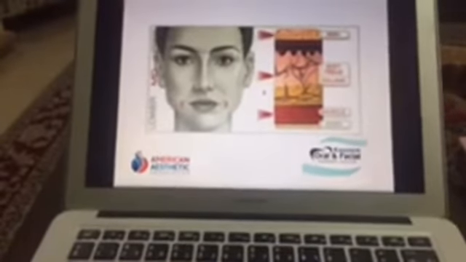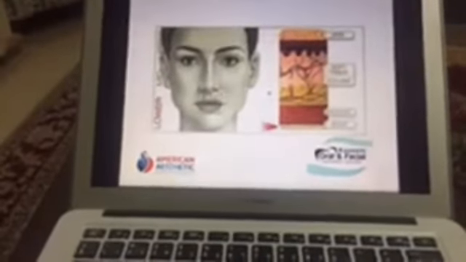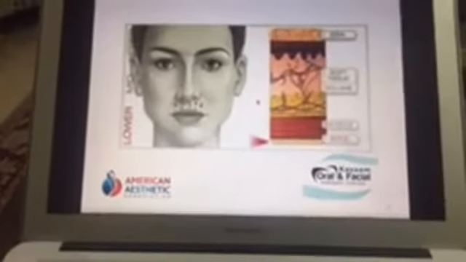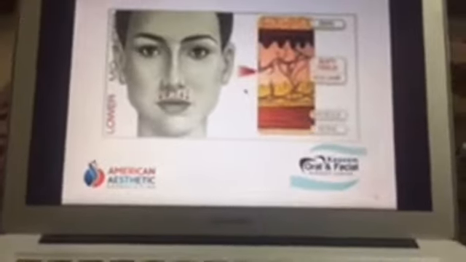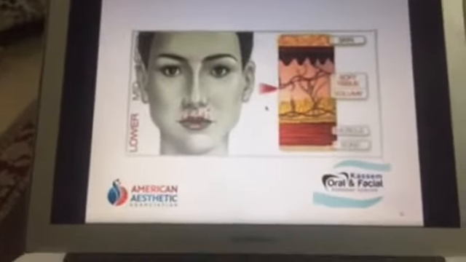The marionette line means that we have weakness of the depressor anguli oris muscle, plus resorption of fat. And there is an increase in the philtrum. This is very important. There is a marked increase in the philtrum for the patients.